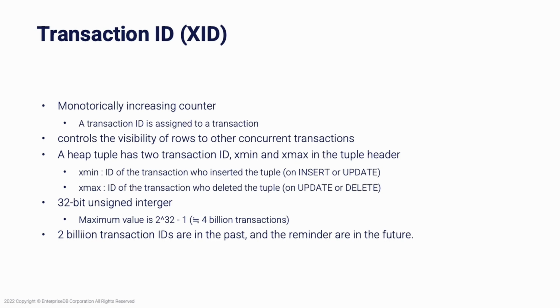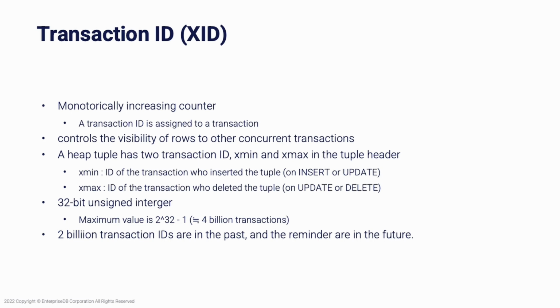Transaction ID, XID for short, is a monotonically increasing counter maintained in the Postgres server. A transaction that modifies the database data needs to generate a new transaction ID. And by using the XID, we control the visibility of rows to other transactions.